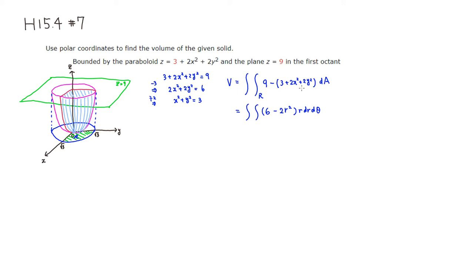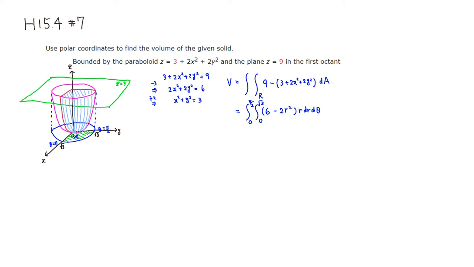Here the radius is square root of 3, so r goes from 0 to square root of 3. Then the angle: along the x-axis theta equals 0, and along the y-axis theta equals pi over 2, that's 90 degrees. So theta goes from 0 to pi over 2.